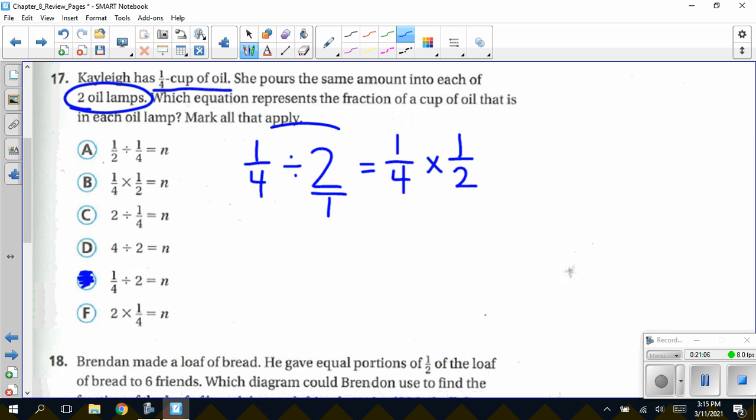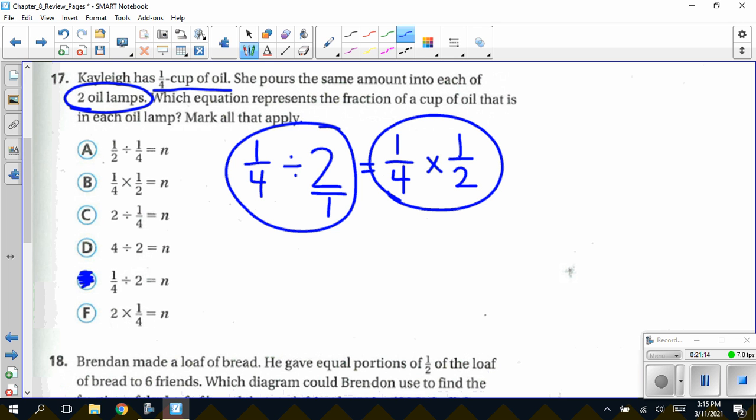So my first answer, choice E, was the 1/4 divided by 2. My second choice will be 1/4 times 1/2, and that is choice B. The other choices are not equal to either of those expressions, so those are the only two expressions that I would use to solve.